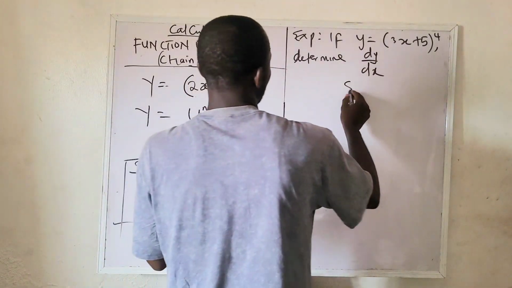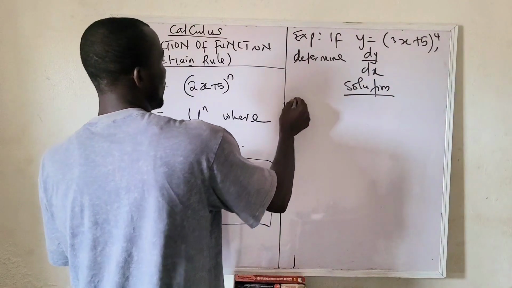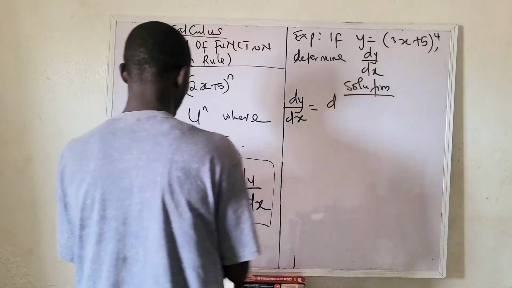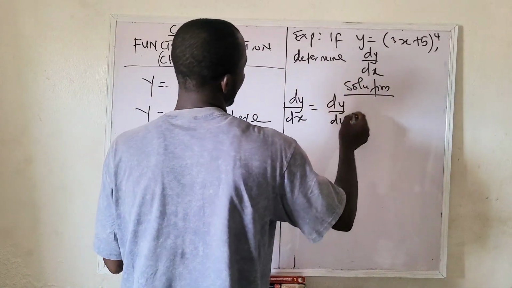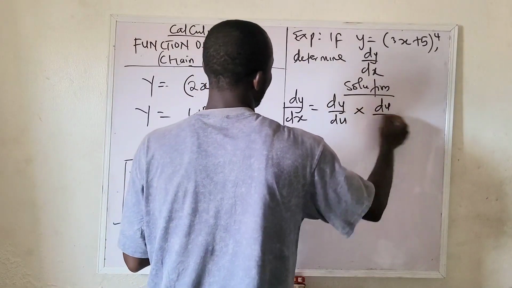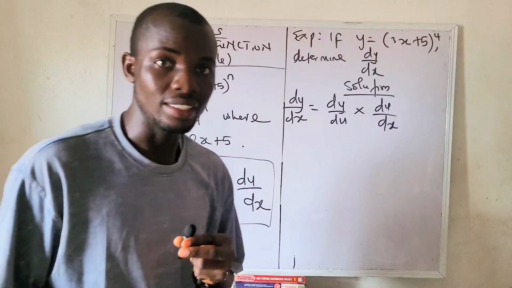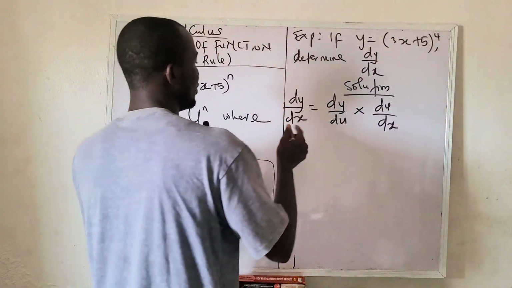Now, we know that our dy over dx, from chain rule, equals dy over du times du over dx. If you remember this, it's good to always write it. Now that we've written it, the question is, what's our u?